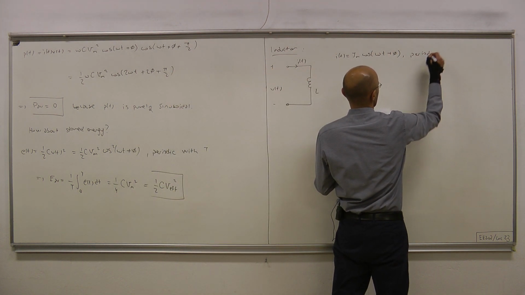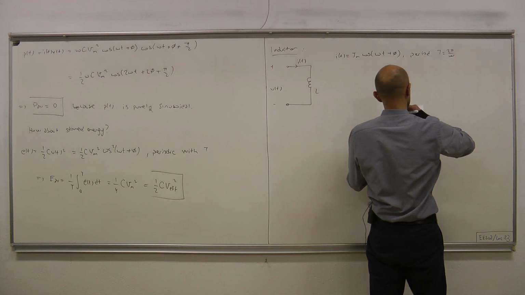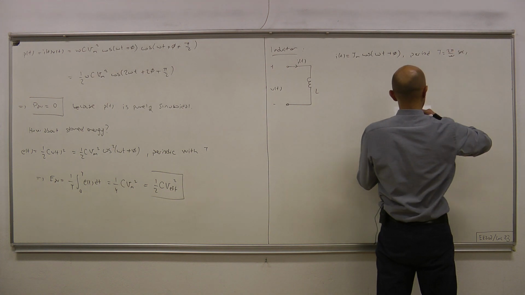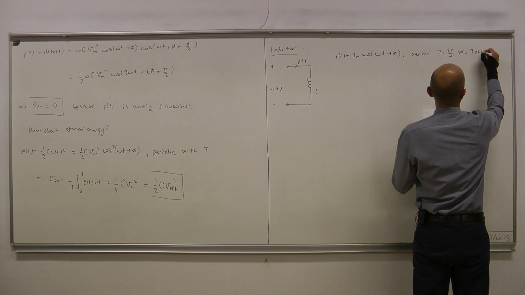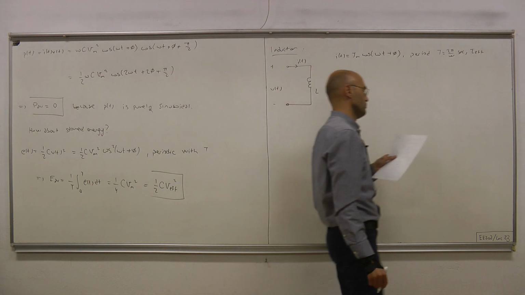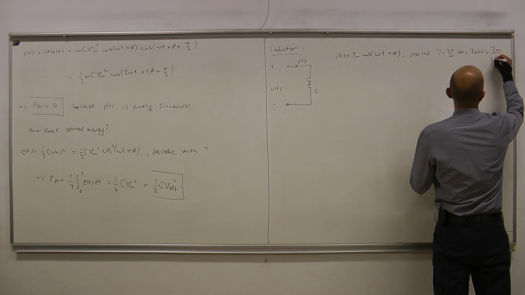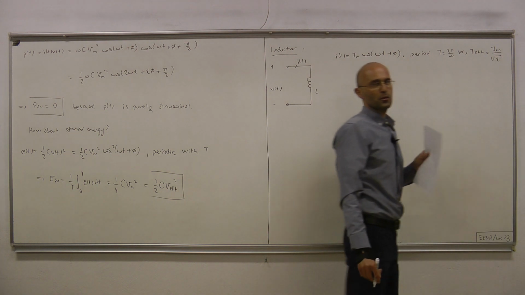Period T is 2 pi over omega seconds, and the effective or the RMS value of the current is the magnitude Im over square root of 2.